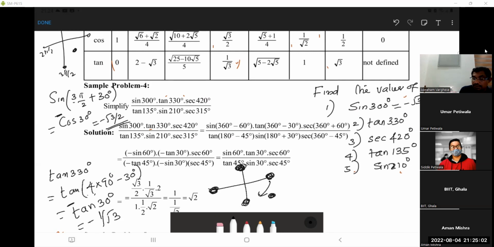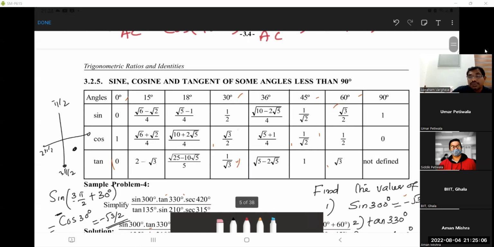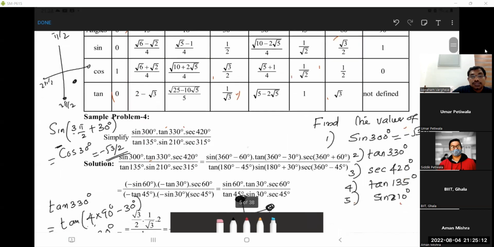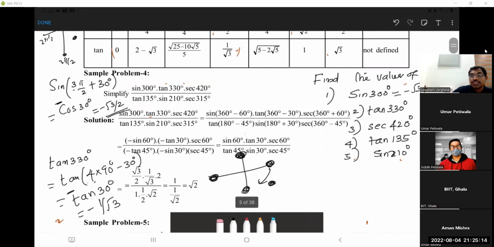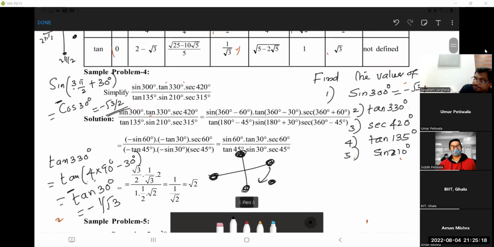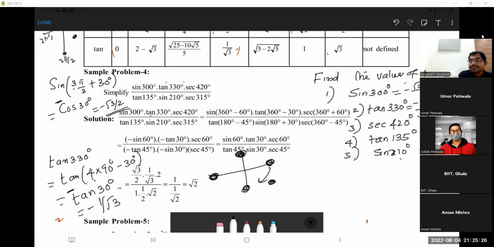You know that value, no? If you forget that value, just memorize from last year, we learned the 30 degree, 60 degree, etc. So what is the answer for the second one? Minus 1 over root 3. Is it clear, students?